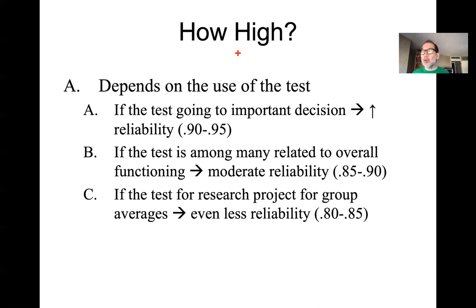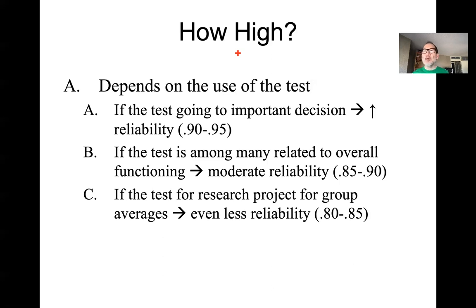That doesn't mean you shouldn't bother if you think you'll prepare a little better, get better sleep, or be more focused. Sure, but in the absence of extenuating circumstances, the odds are your score won't be that different. If the test is one among a number of things, then you can have slightly lower reliability.